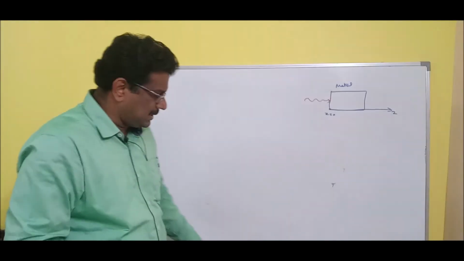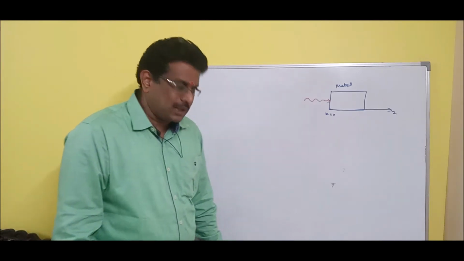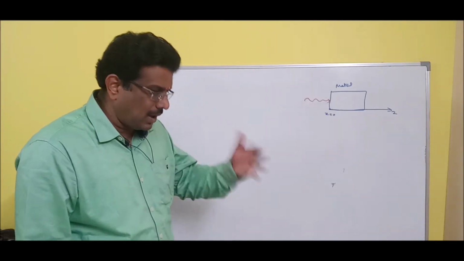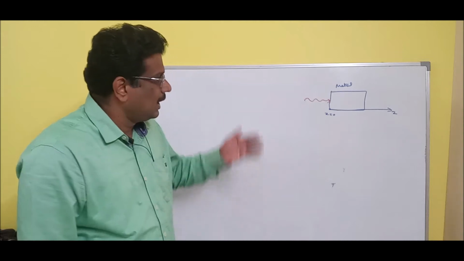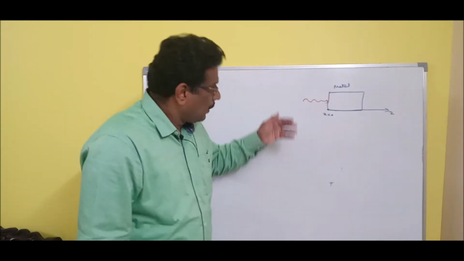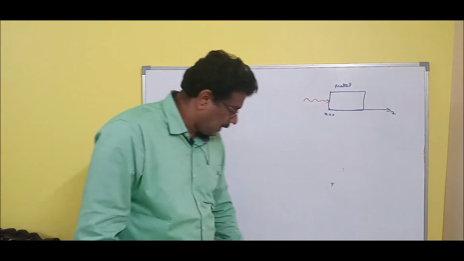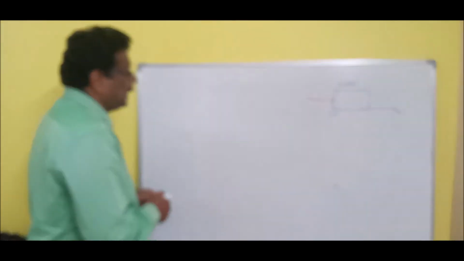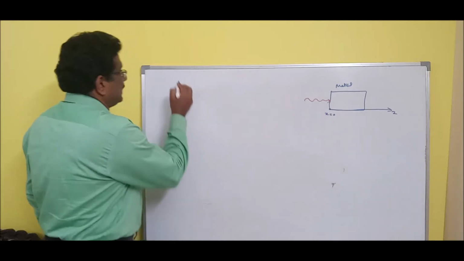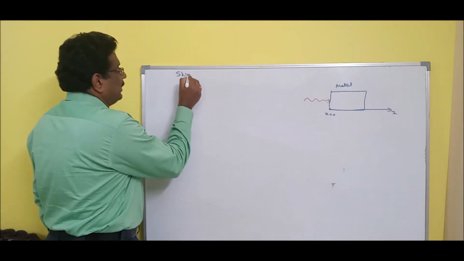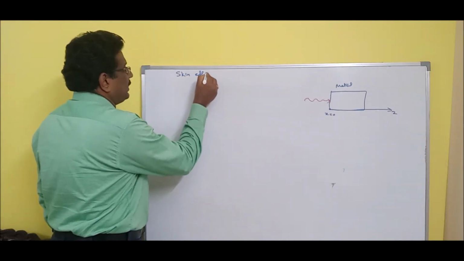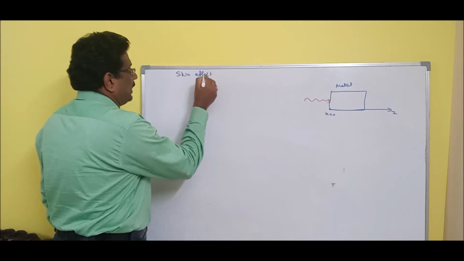As long as it is in the free space, it goes without much loss. But once it touches the metal, what happens is the question. Now let us discuss. This particular title is nothing but skin effect. Okay, what is that skin effect? We will discuss the depth of penetration.